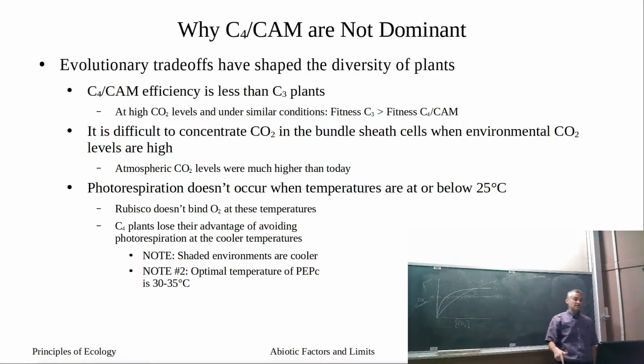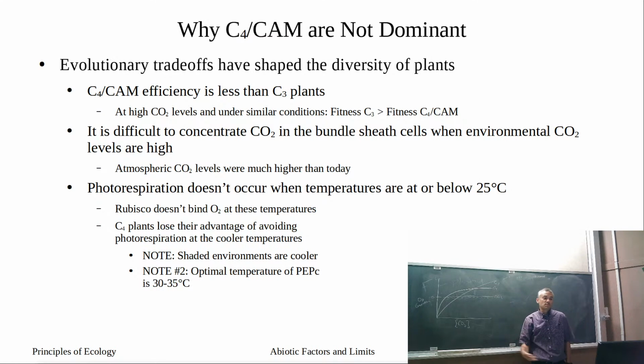And we've had much higher concentrations of CO2 through Earth's history. CO2 concentrations were very high when plants were evolving and diversified, so we were always up in this area. And when you're up in this area, it's hard for C4 and CAM plants to outcompete the C3 plants.